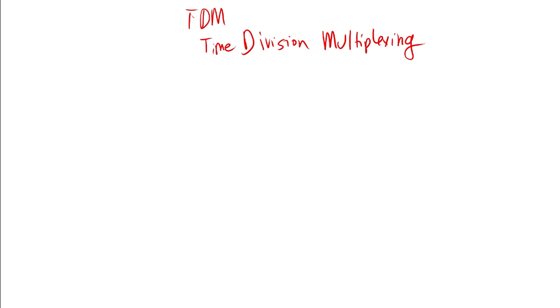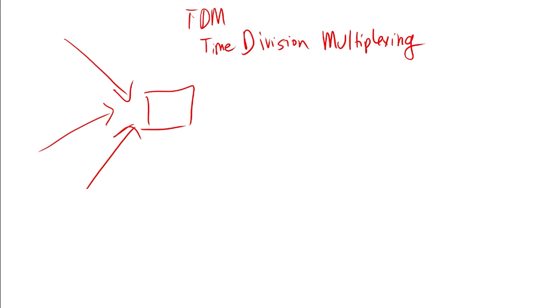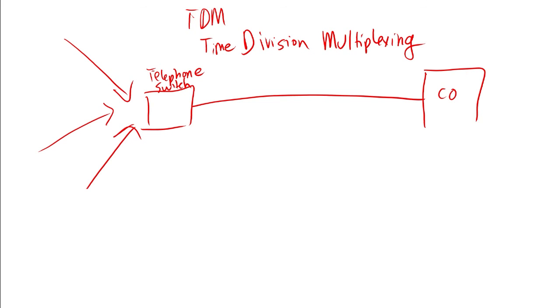Because what happens when I've got a bunch of different data coming in, and say this is like a telephone switch somewhere, and I have a huge line to another central office.